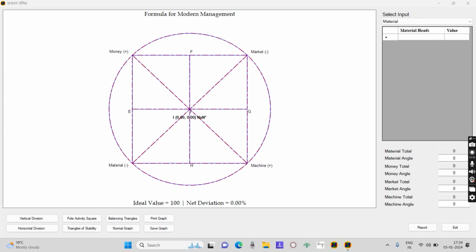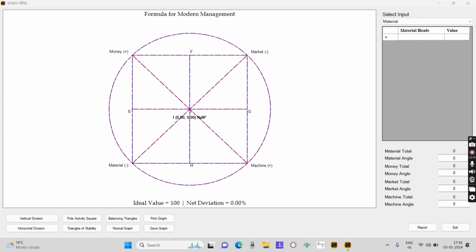So this is the purpose and objective of this particular software. And as I mentioned in the beginning itself, a part of spirituality is also equally important to uphold the human values and ethics involved in operational circumstances.